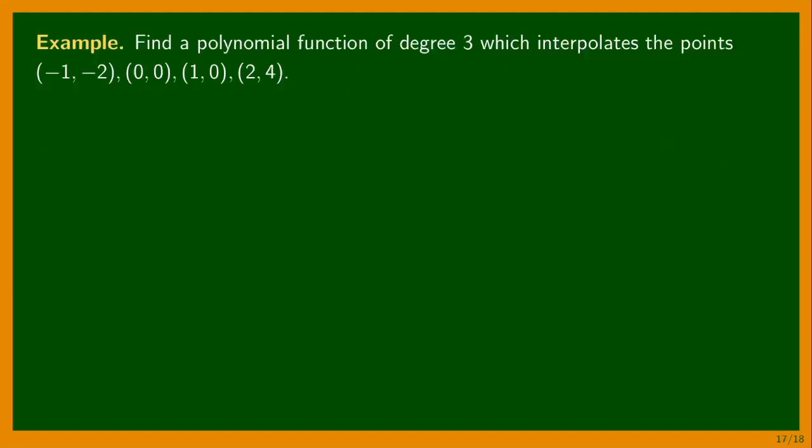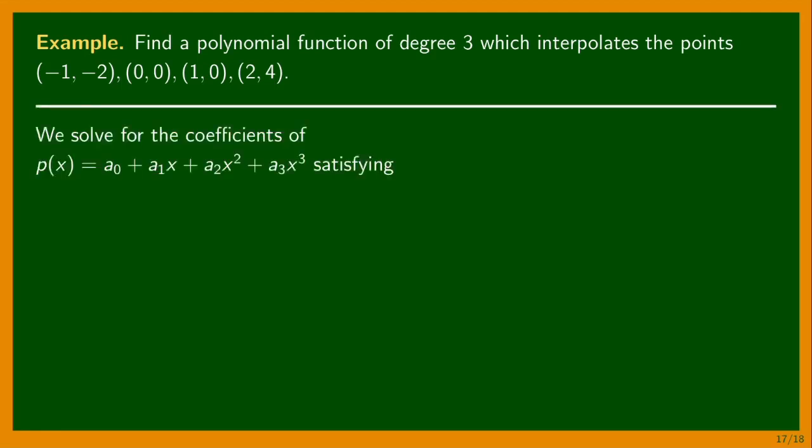So for example, we wanted to find a polynomial function of degree 3 that interpolates this set of 4 points. So, this is the polynomial of degree 3 where the coefficients are unknown and they are written as a0, a1, a2, a3.